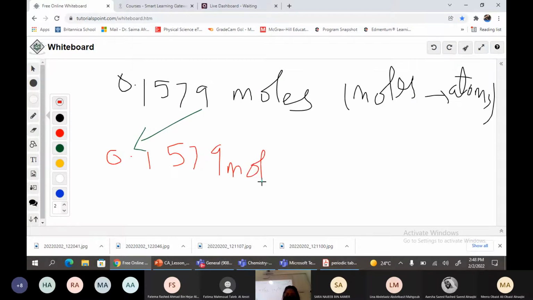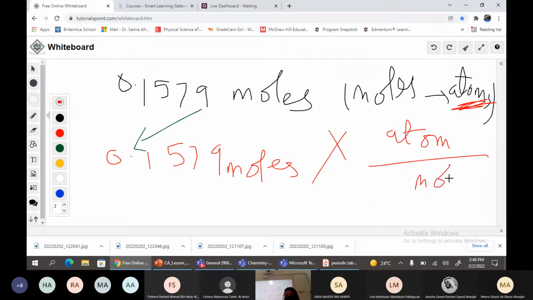And we said that on the other side, we always put unknown up and given down. So what is unknown now? Atoms, very good. Now the unknown is atoms, which we need to find. And of course, the denominator is the given thing. The unit will be the same in the denominator, that will be mole.